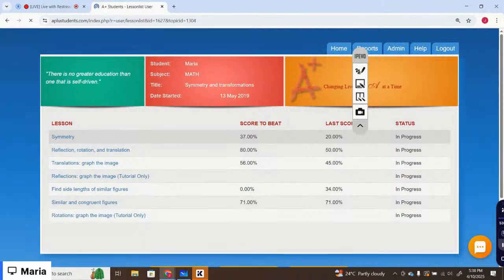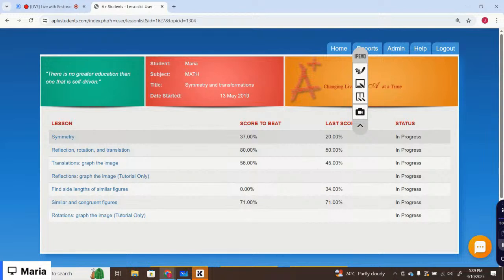The lessons we have covered today are symmetry, reflection, rotation, and translation. Translation graph the image, and then reflection graph the image.